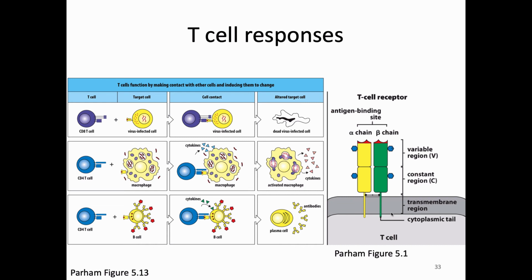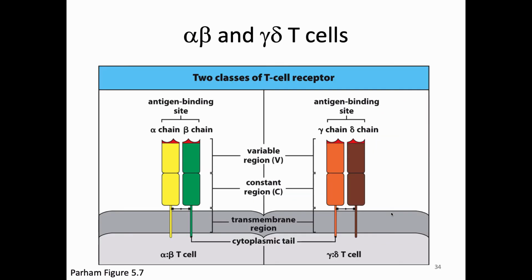So again, just like with B cells, where I told you there was a bunch of different kinds of B cells, we usually talk about B2 cells when we say B cells, but there's actually more than one type. Same deal with T cells. There's a bunch of types of T cells. One of the ways we can divide up T cells is into types called alpha betas and gamma deltas.